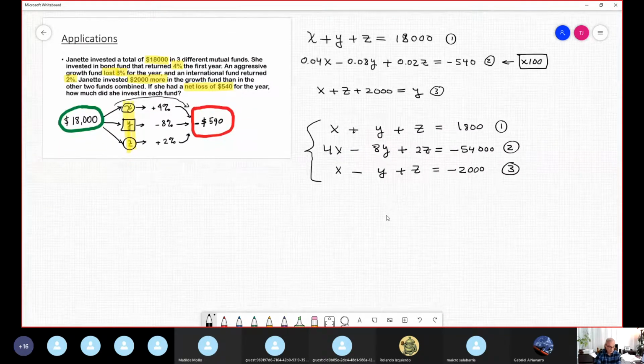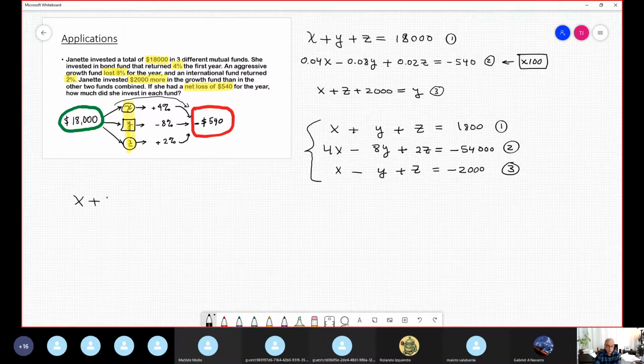Okay, exactly the same I explained before. You pair two equations. For example, I pair number 1 and number 3, because I want to take advantage of y positive and negative, ready for elimination. So you copy. The organization is extremely important.